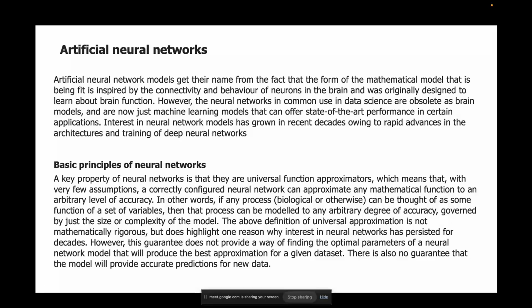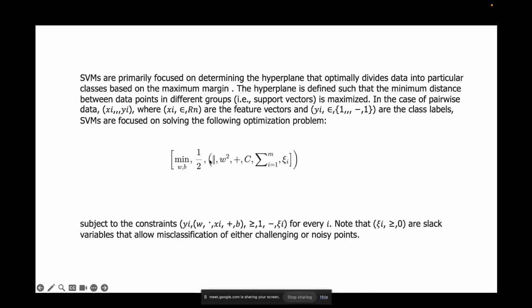It means that with a very small set of assumptions, a correctly configured network can approximate any mathematical function to an arbitrary level of accuracy. Why is that required? I'm going to give you a little bit of context. Say, for example, for SVM, we are using this particular cost function and we are trying to reduce it, right? So in the back end, when you're running this model, what the model is trying to do is minimize this particular function.